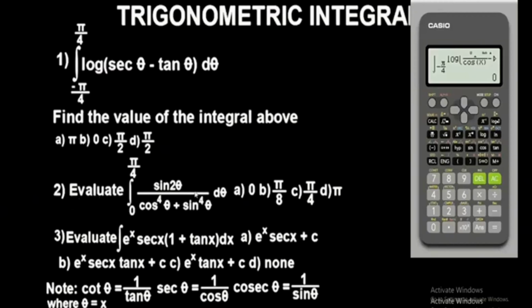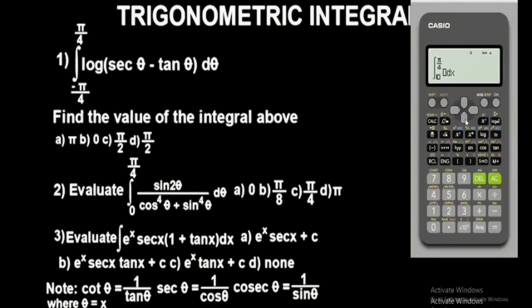Okay, so question 2, let's move this. Question 2 says evaluate the definite integral of, let's bring out the definite integral sign. So the upper limit is in fraction. We have pi, over 4.